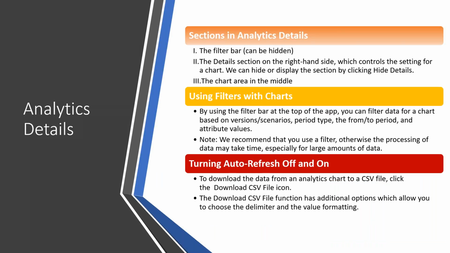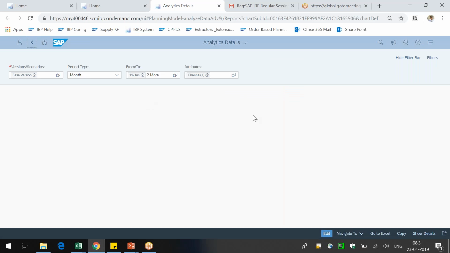We'll see whether we have covered everything or not. These are the sections that are available in the analytic details. We have seen the filter bar, the details section on the right hand side, and the chart area in the middle.